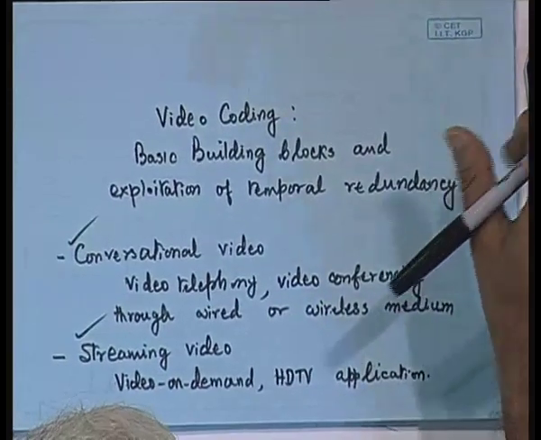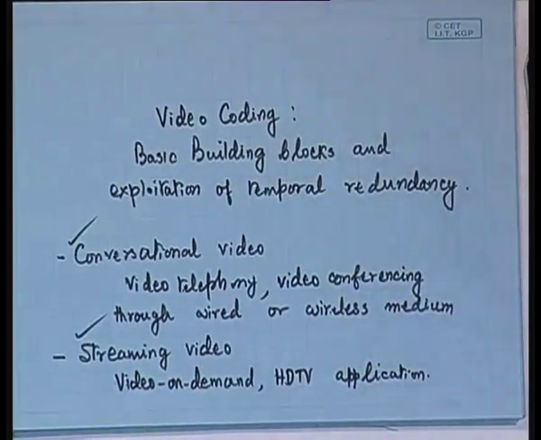Now, what is the basic difference between still image coding or compression and video coding? The first and foremost difference is that in the case of video, we have the temporal aspect of the signal. The signal is not only varying in space, but also varying in time.